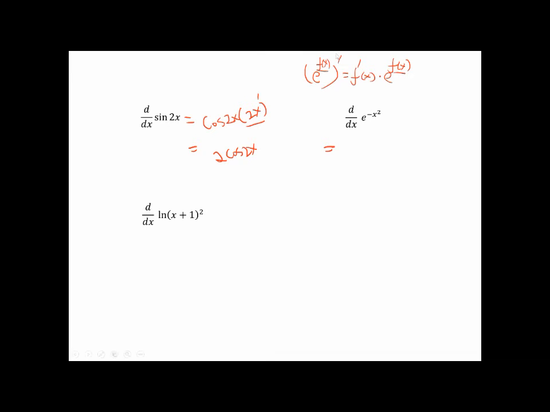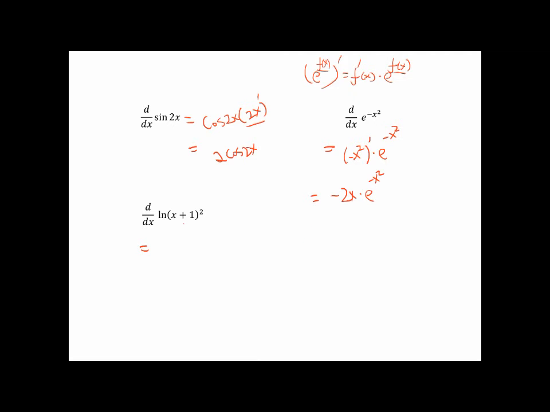In this problem, f(x) is simply negative x squared, right? The derivative of the function about x multiplied by e to the f(x), which is the derivative of negative x squared. So negative 2x multiplied by e to the negative x squared. This is the derivative.